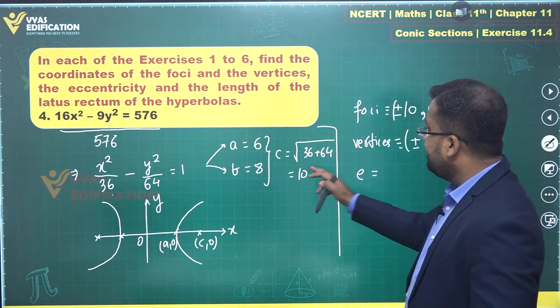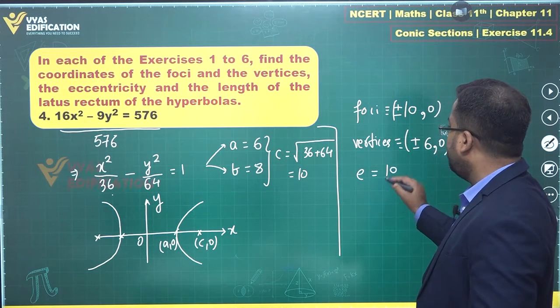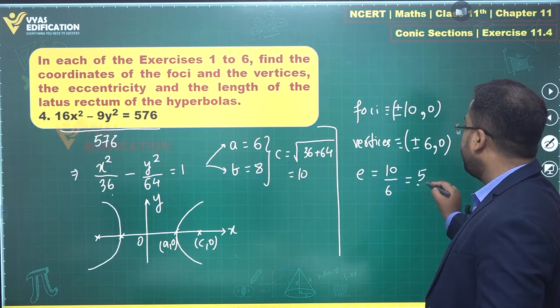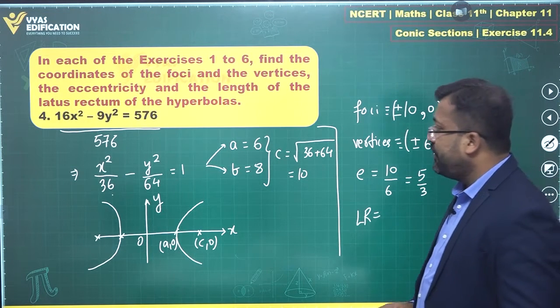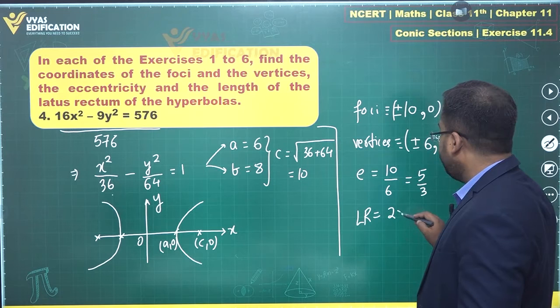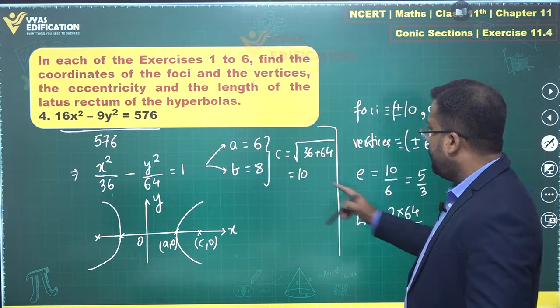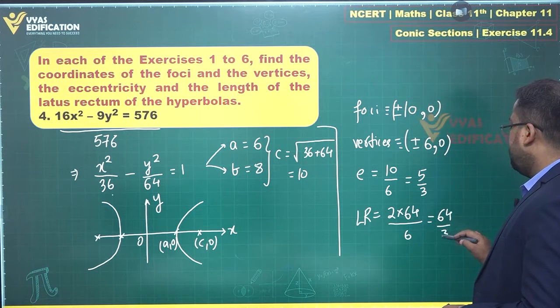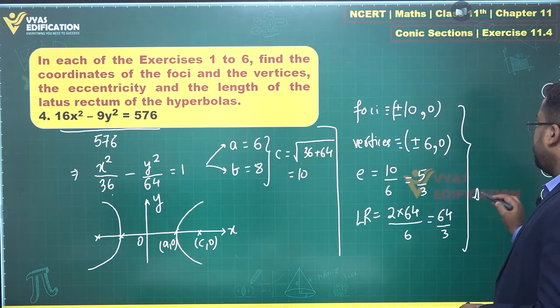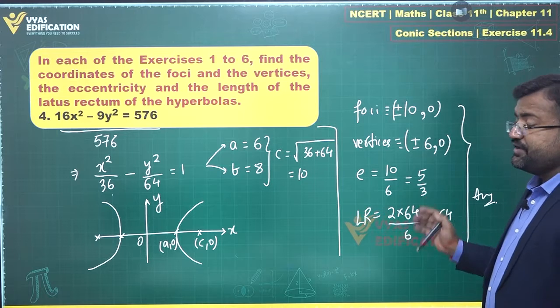Eccentricity, which is c upon a, is 10 upon 6, which becomes 5 upon 3. Latus rectum is 2 times b square upon a, 2 times b square, which is 64, upon a, which is 6. Okay, this becomes 64 upon 3. And yes, that's the answer for this question.